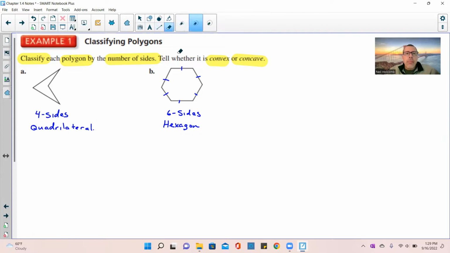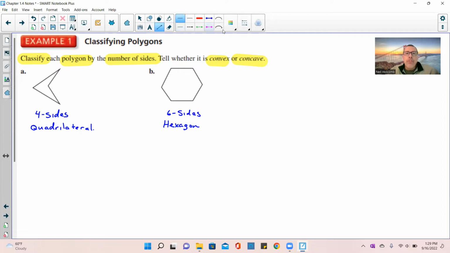Okay, so now let's talk about classifying them as being convex or concave. A polygon is convex if you extend all of its sides infinitely, and they never go through the interior of the polygon.